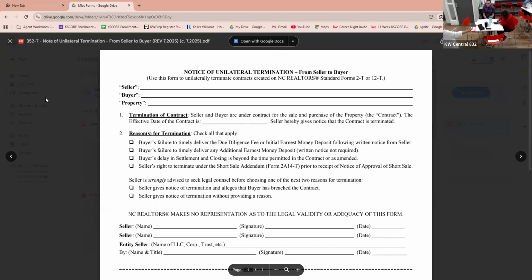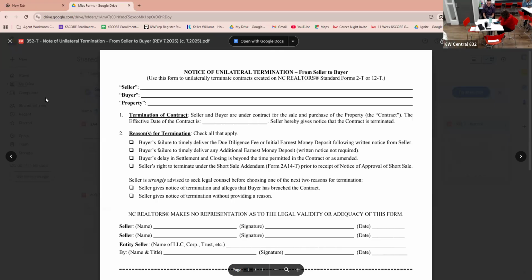The seller has to wait those 7 cushion days before they can unilaterally terminate. And then also, if it's a short sale situation, but I would strongly encourage you to stay away from those. So those are the legitimate reasons.